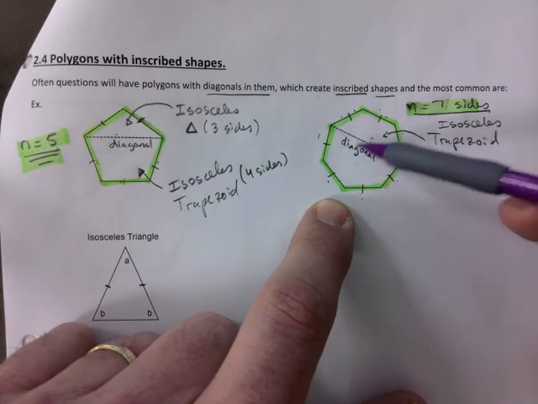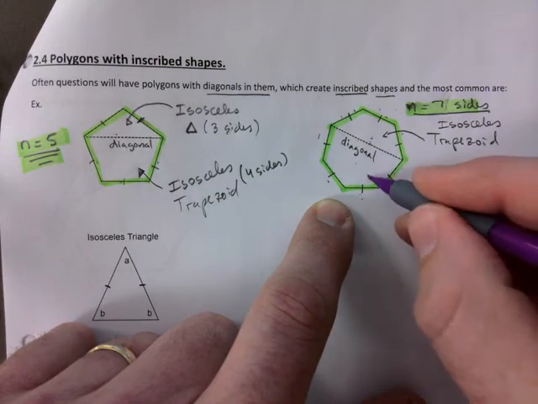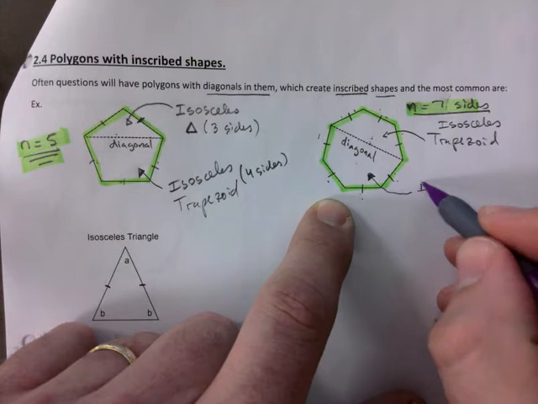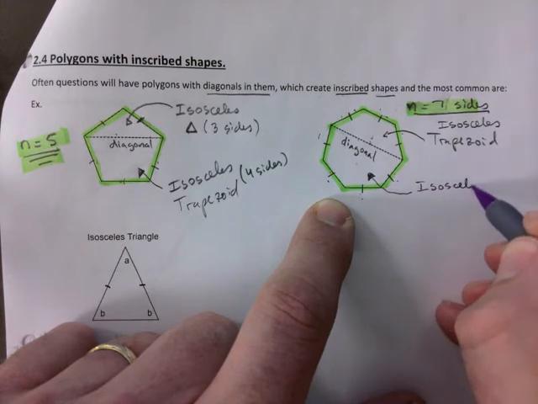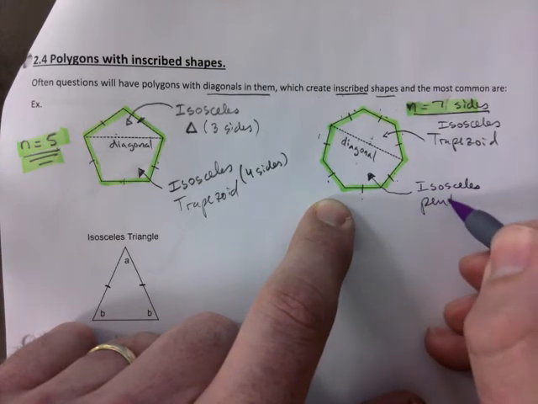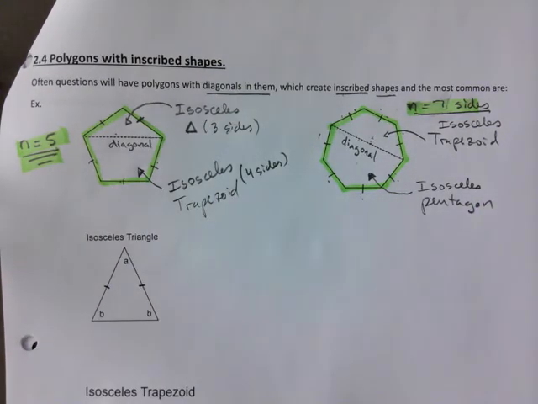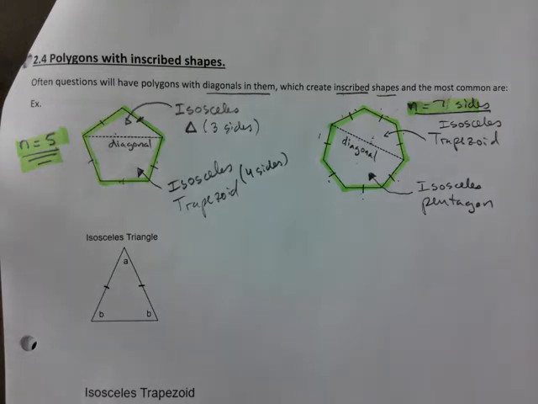So this is actually a pentagon, but not any kind of pentagon. It's the isosceles pentagon. I have a lot of highlighters, so I could go crazy with highlighters there, but I'm not going to.